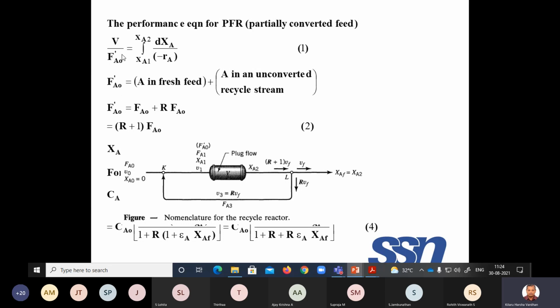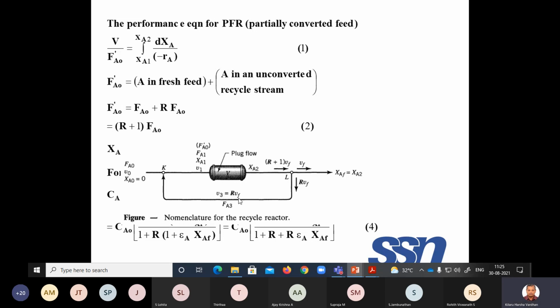Now let us do what is Fa naught dash. Fa naught dash is A in the fresh feed plus A in the recycle stream, whether this recycle stream is converted or unconverted. So Fa naught dash is nothing but this is FA naught.